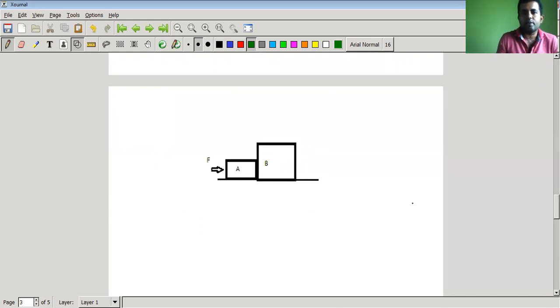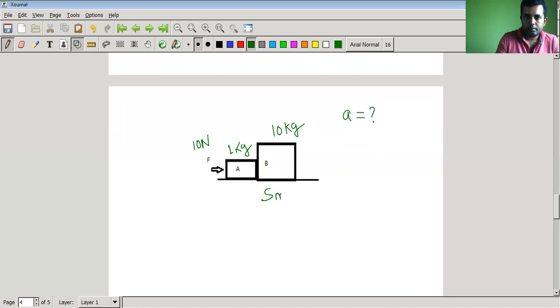Now in this example, let us say this force is some number. Let us give it 10 Newton. This is a 1 kg block, and this is a 10 kg block. The question is, find the acceleration. Let us say in the first part we have to find the acceleration of the system, and let us say this surface is smooth.